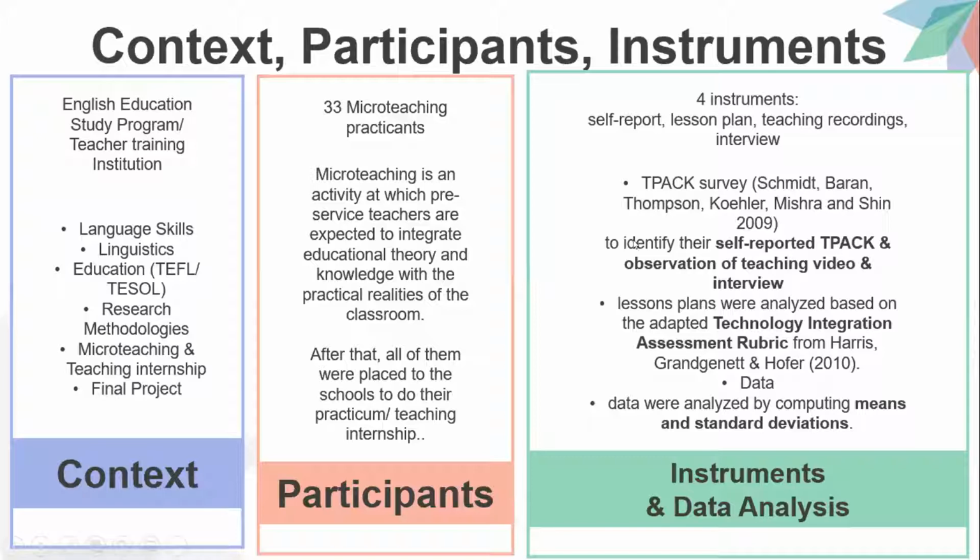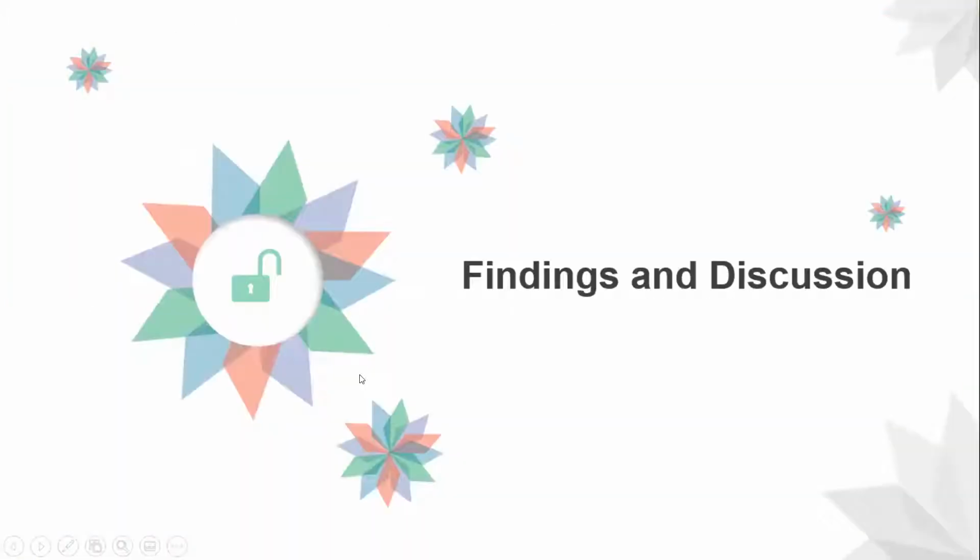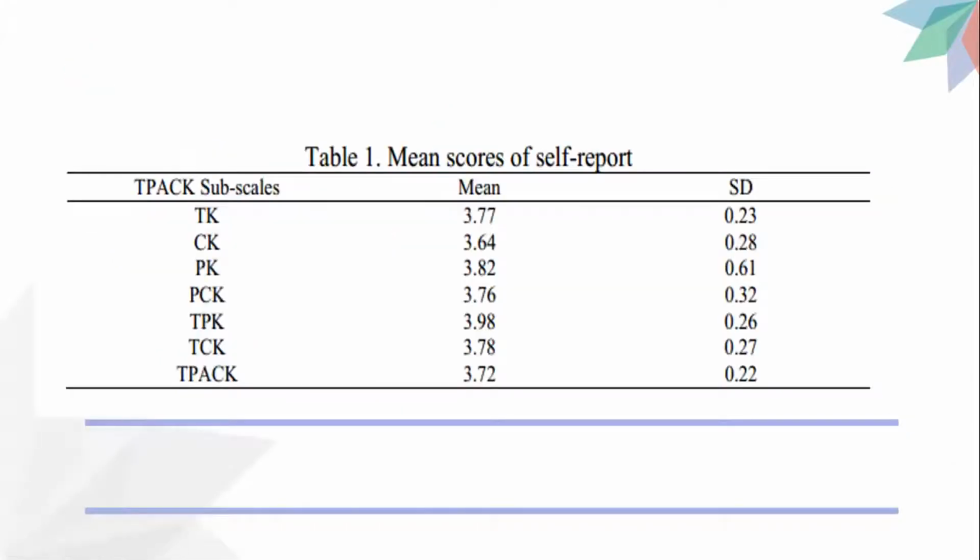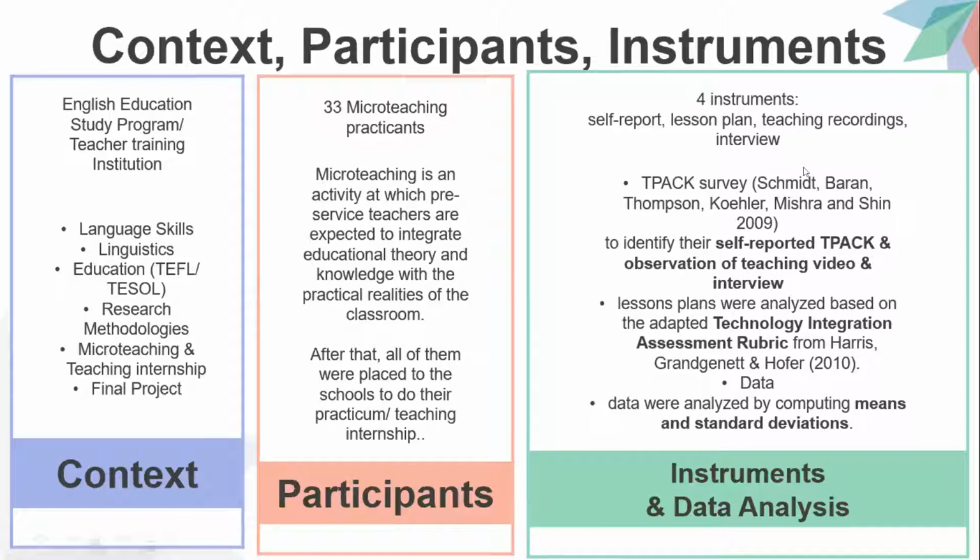And then the instrument and the data analysis of my study. Yes, directly go to the findings. Oh yes, thank you. I think I need to mention the instruments first.